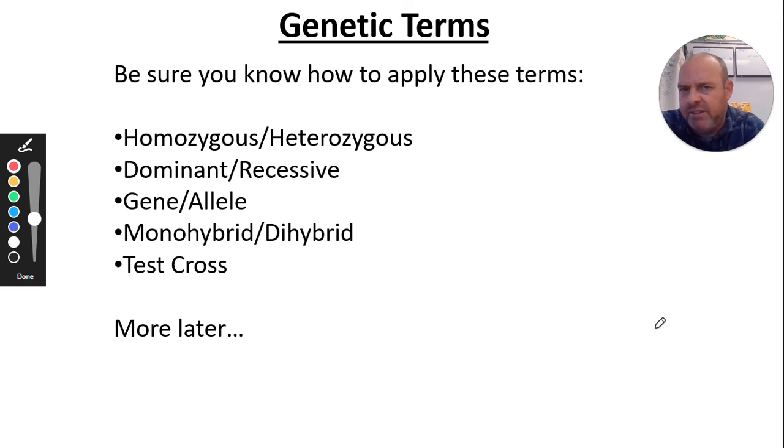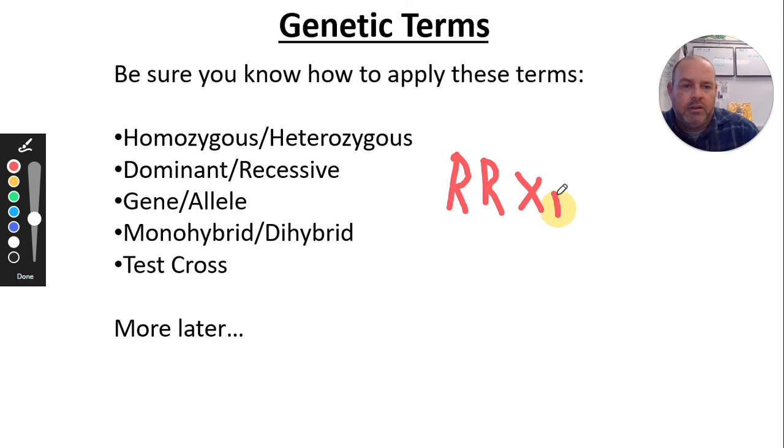What would you want to cross it with to figure out if that tomato I gave you was big R big R or big R little r? Well, if you do a test cross, then you are going to cross it with the recessive, because this is a guarantee. If I do this cross, big R by little r, I will always get red, 100% of the time.